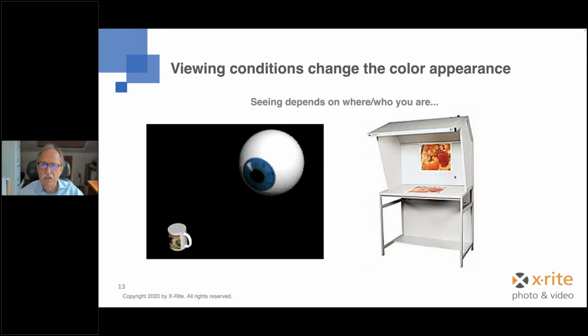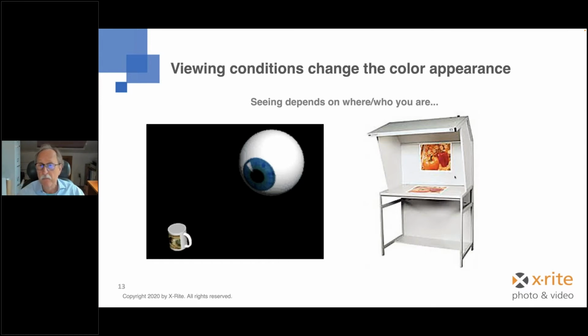The light boxes usually are tuned to basically 5,000 Kelvin, which is northern daylight. But if you're printing a sign, and the sign is going to be used in a store where they have a lot of fluorescent lamps, well, that's going to change the way it's going to appear.